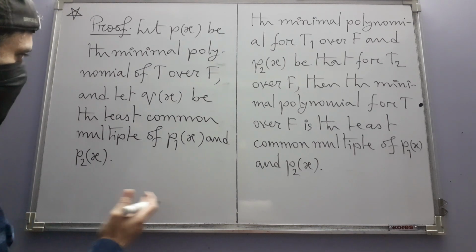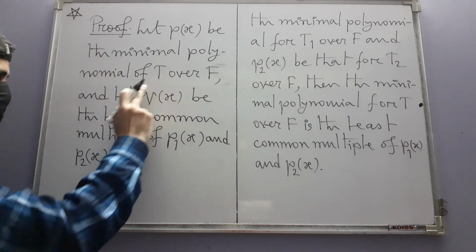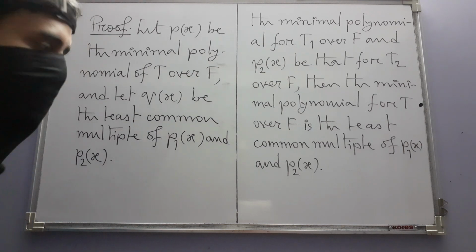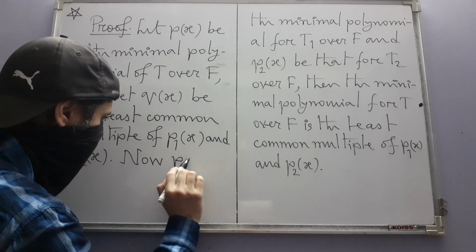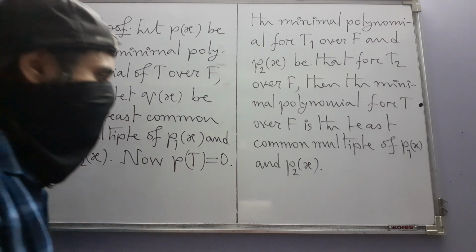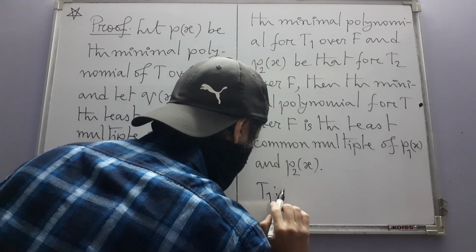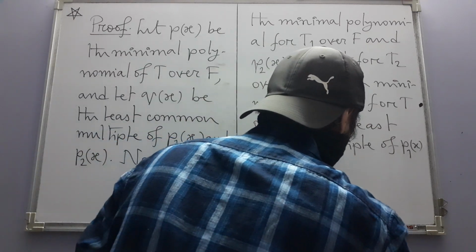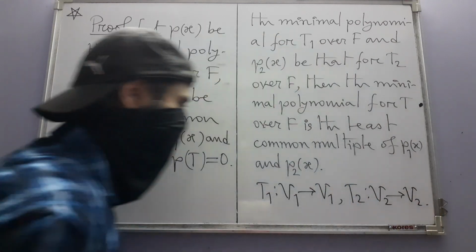Alright, so now what can we say about this p immediately? Because it's the minimal polynomial for T over F, p(T) will be the zero operator. Now, what are T1 and T2? T1 is the restriction of T on V1 and T2 is the restriction of T on V2.